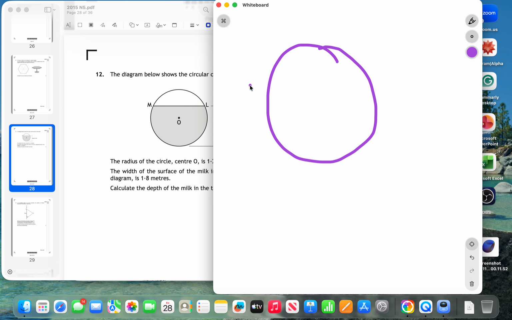So we have M, L, O, and this line is a chord joining these, and I will mark the dimensions in red.